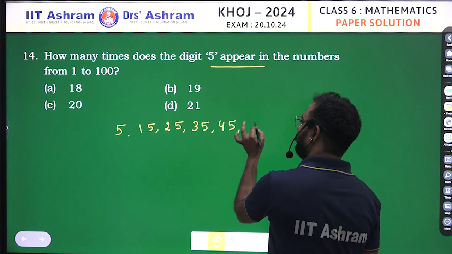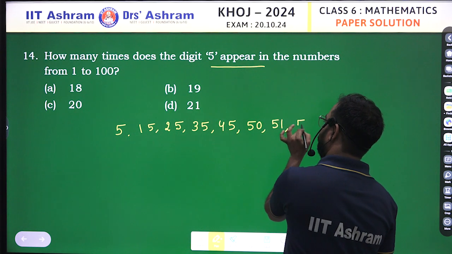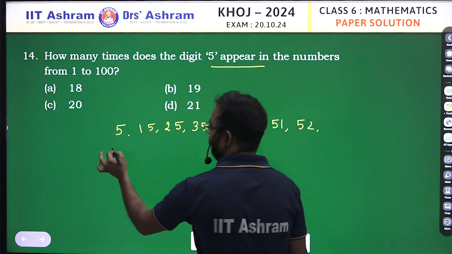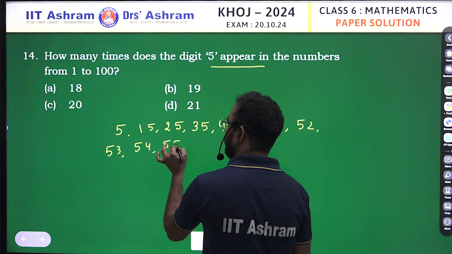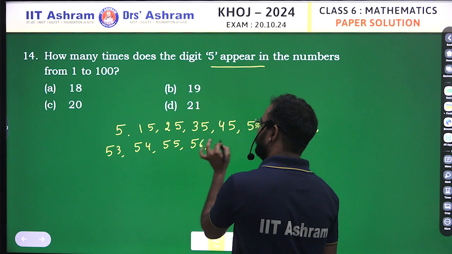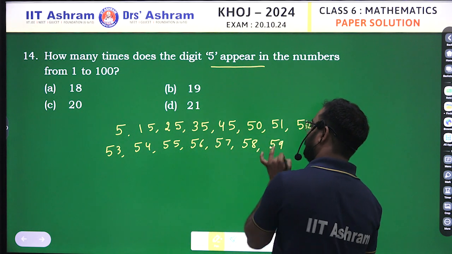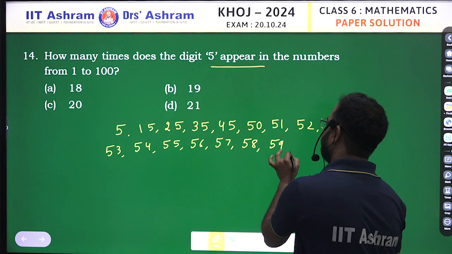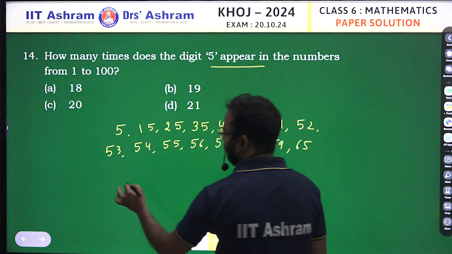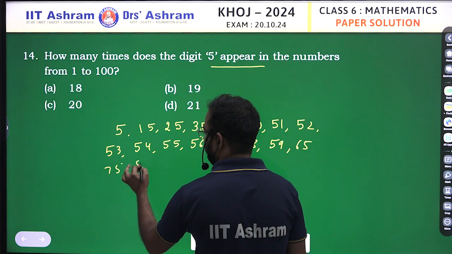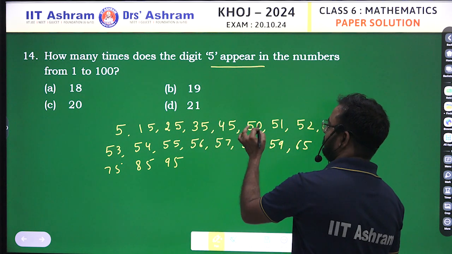After that 50, 51, 52, 53, 54, 55, 56, 57, 58, 59. इसके बाद कब आएगा? 65, 75, 85 and 95.